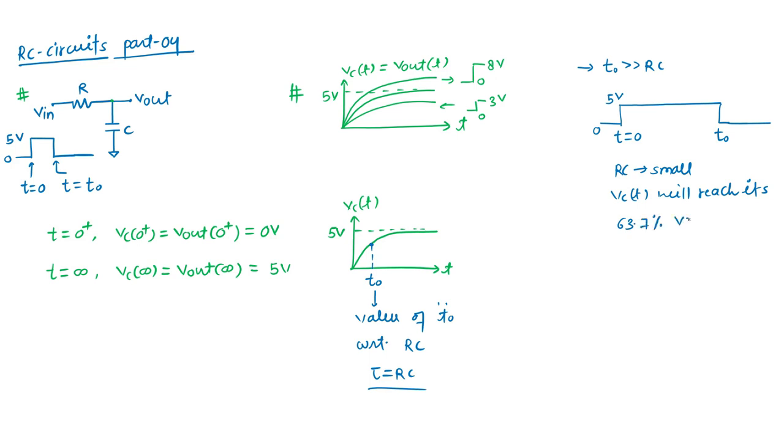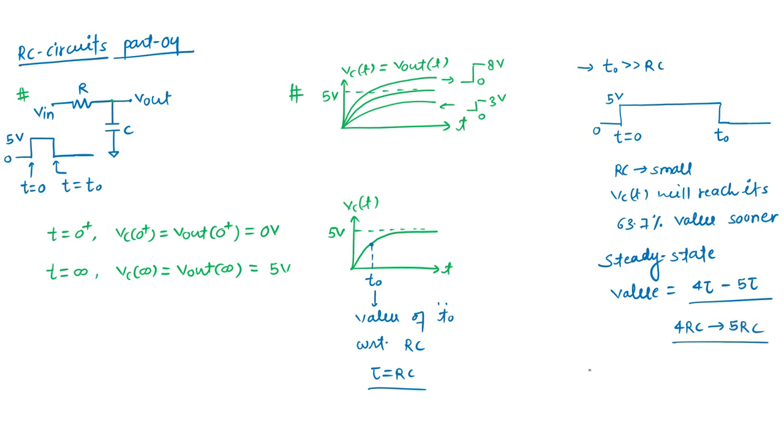63.7% value sooner. Or what do we usually say is the steady state value? For any charging curve, it is usually defined as 4 tau to 5 tau, so it is a maximum of 4 RC, or I will say 5 RC.